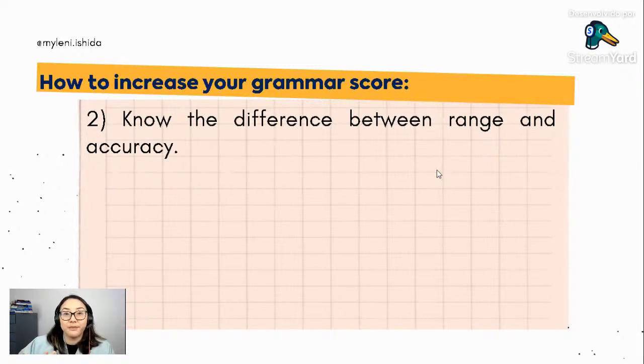The range means how many different structures do you use? Teacher, but what is a grammar structure? I'm going to give you examples. And the accuracy is if you do it right or wrong. What happens is when we study grammar, we focus only on the accuracy. The accuracy says if my grammar is right or wrong.